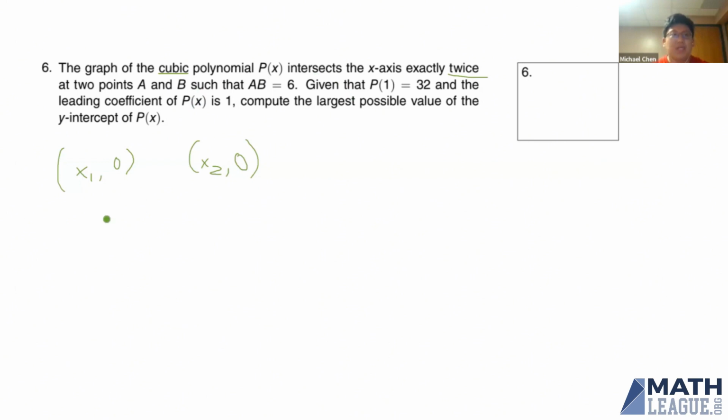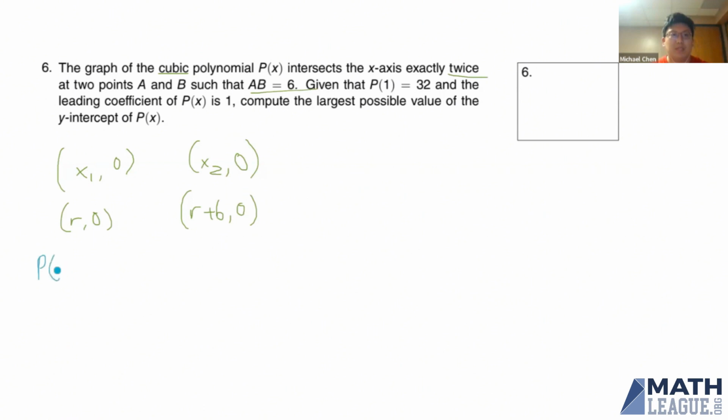Now, let's say that our first root, our smaller root without loss of generality, is going to be r. So we'll have r comma 0, and our larger root will be 6 more than that, since we have a distance of 6 along the x-axis, so r plus 6 comma 0. Now, that means that our equation p of x can take 2 possible forms.